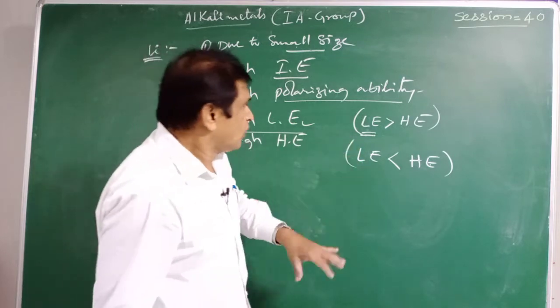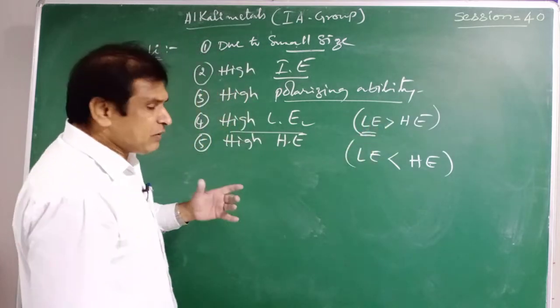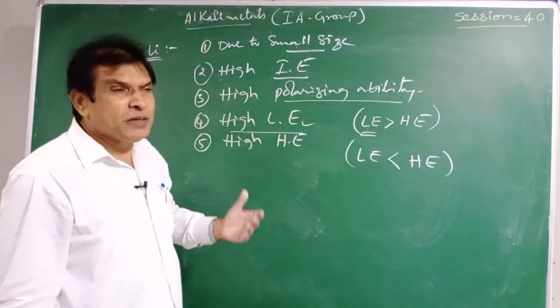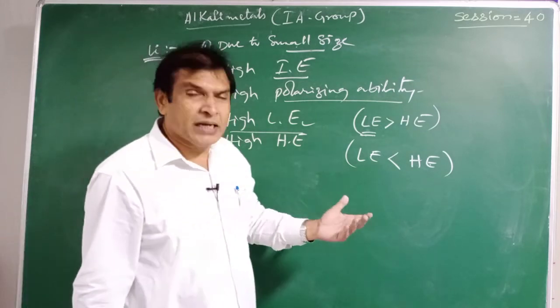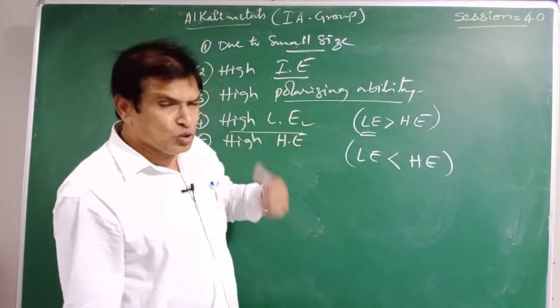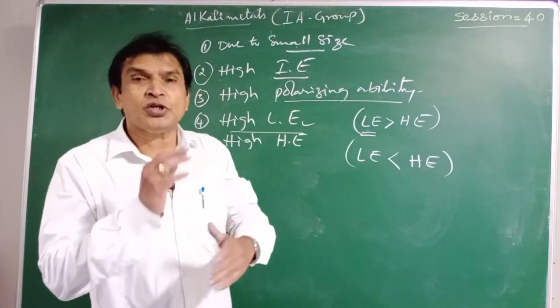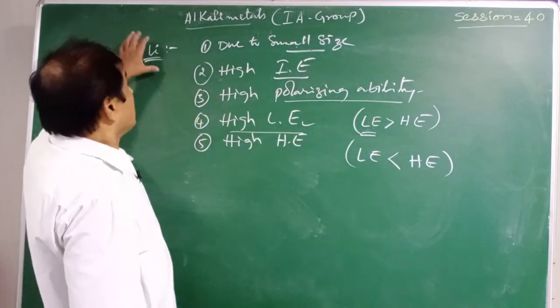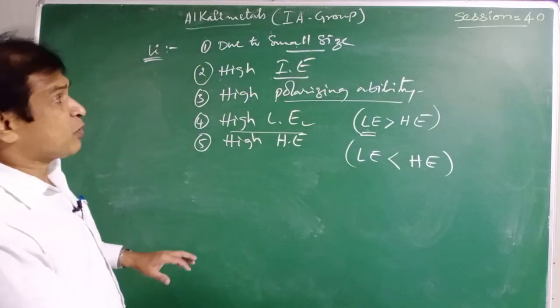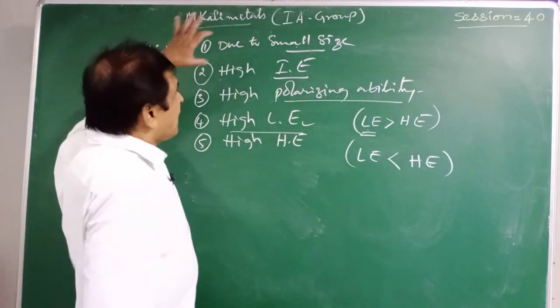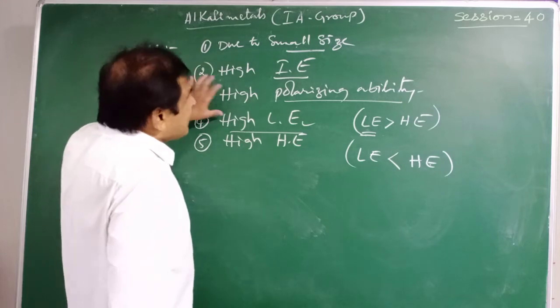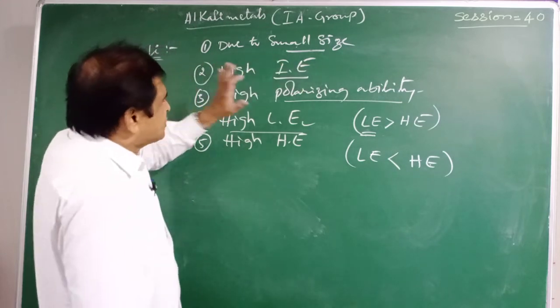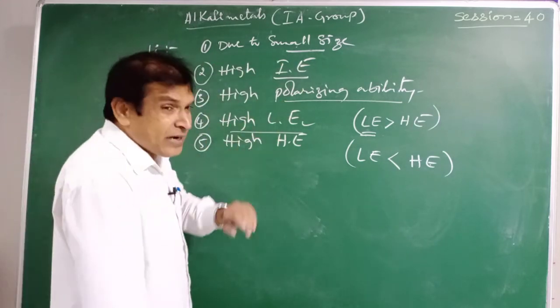So when a compound is more soluble in water, its hydration energy is more than its lattice energy. Lithium exhibits special properties due to small size: high polarizing ability, high lattice energy and high hydration energy.